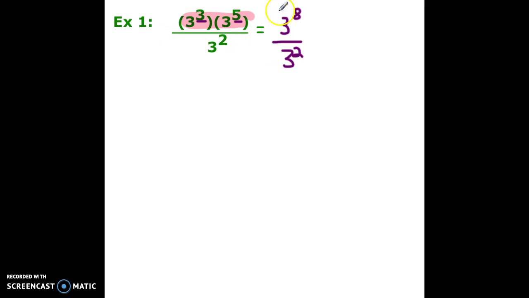Now I could write out 8 3's in the numerator and 2 3's in the denominator, but I've already figured out from my last rule that all I have to do is subtract these exponents since I have the same base. I'm going to keep my base of 3, then 8 minus 2 is 6. So that simplifies to 3 to the 6th power.